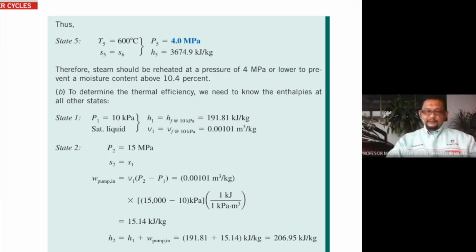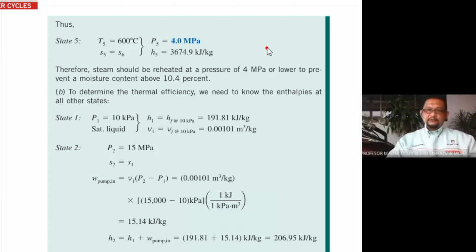and these properties are actually in the superheated region, so open your properties table to the superheated table. There, find the temperature 600 and also the entropy of 7.3688.